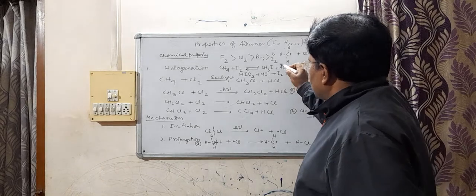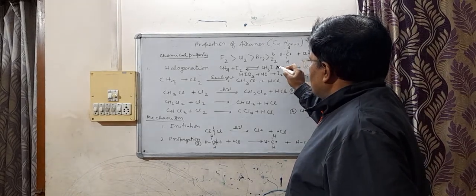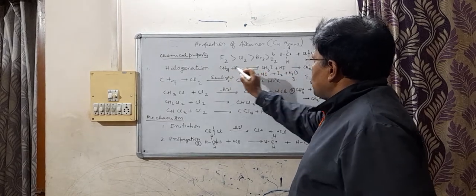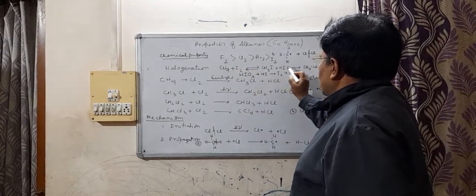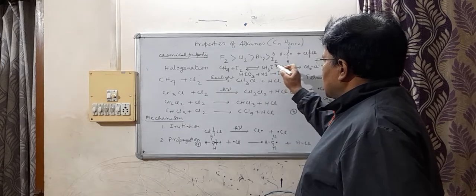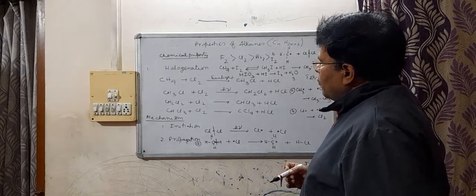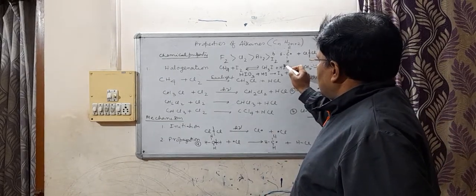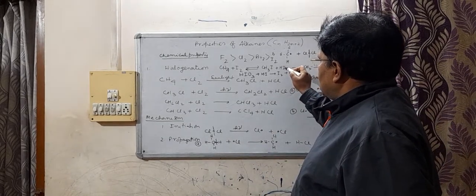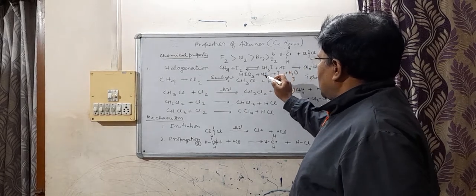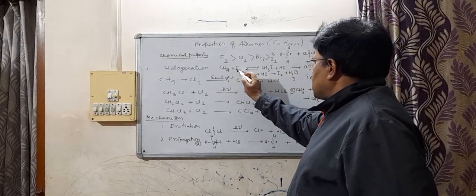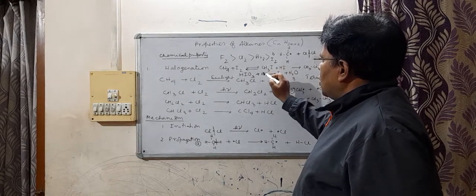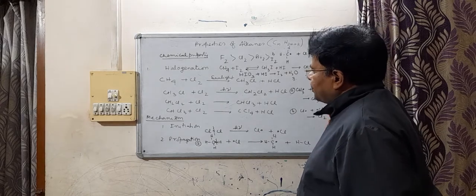So this HI gets removed, and this reaction goes more in the forward direction. We can understand from the chemical equilibrium chapter that if this product is removed, then more reaction takes place in the forward direction, and we get more yield of this CH3I.